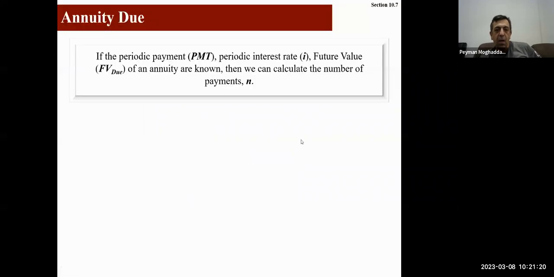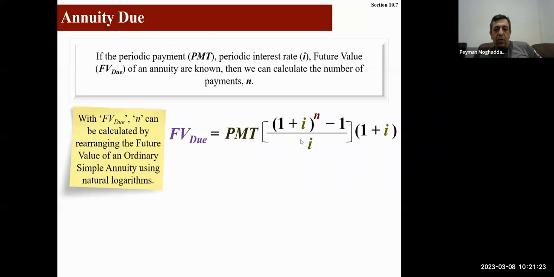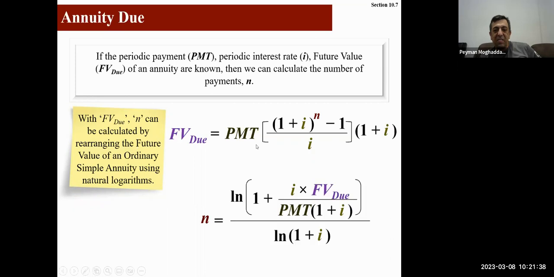All right, the same applies if the annuity is due. If it's an annuity due rather than ordinary, we have another 1 plus i term in front of the future value and present value. For finding n, it's basically the same concept. You use the same equations to isolate for n, but you have a 1 plus i term at the denominator here.